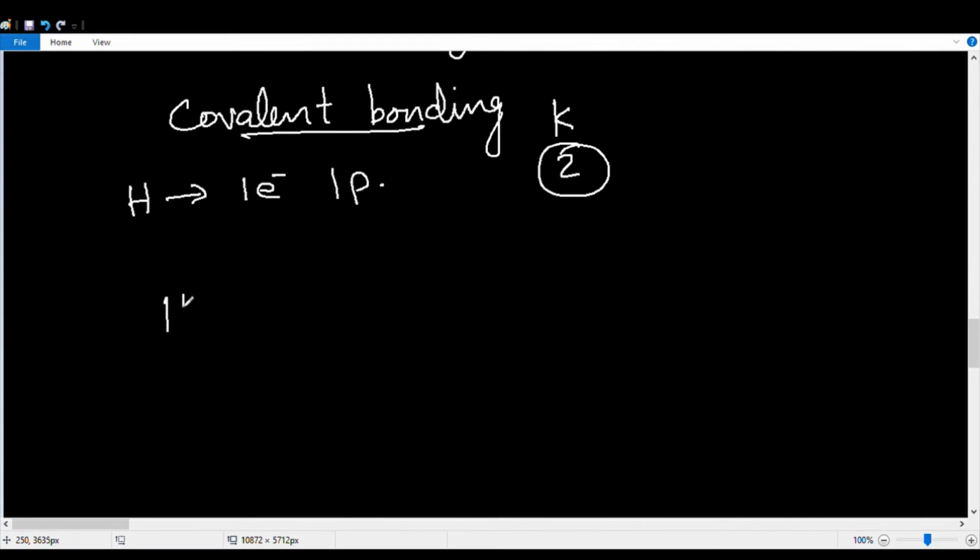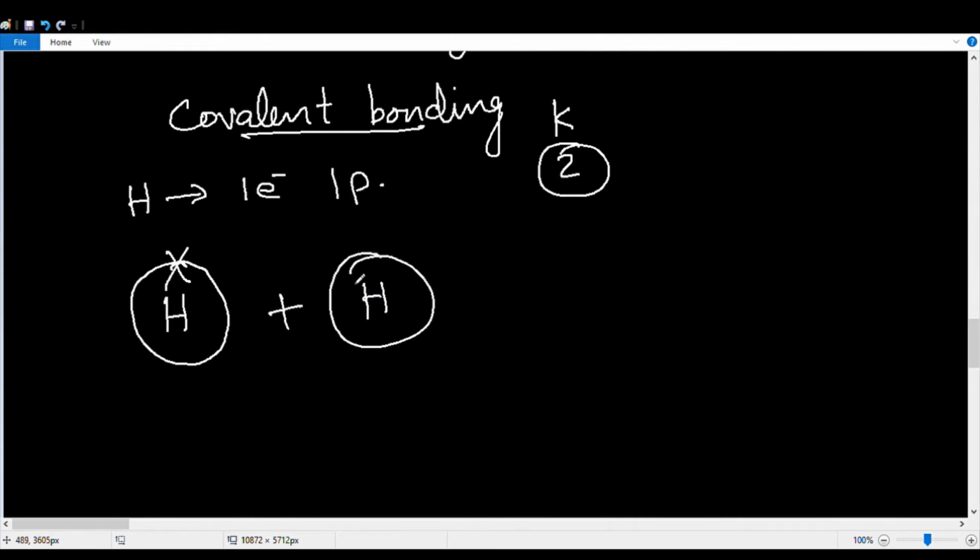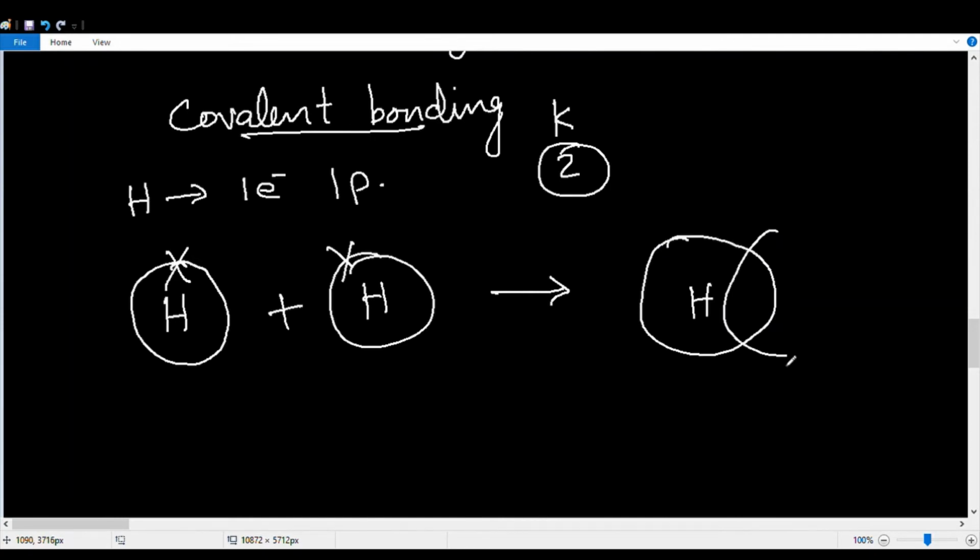So hydrogen's 1 electron plus another hydrogen's 1 electron are shared. Now hydrogen is stable. This is the H2 molecule.